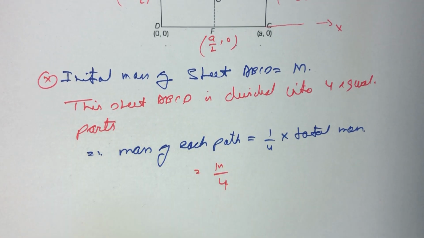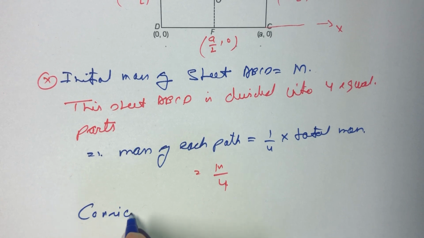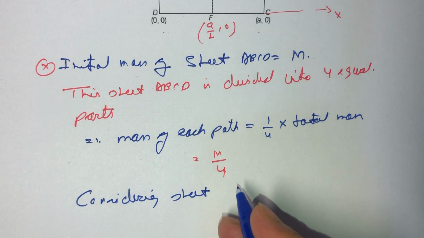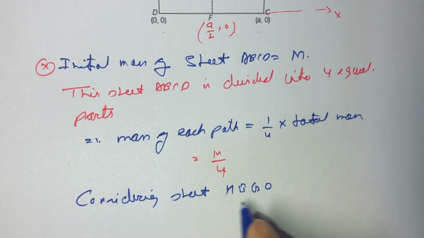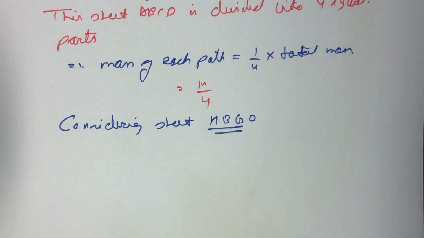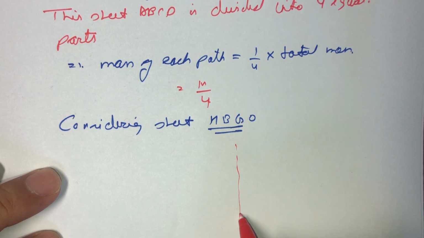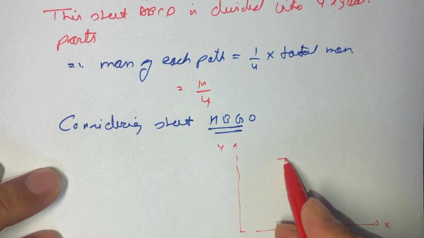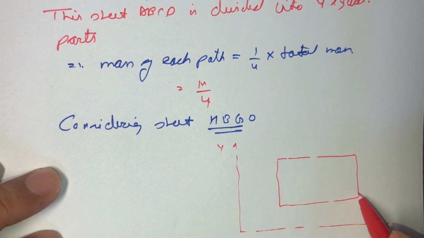So considering sheet HBGO, this is your X and this is your Y, and let us draw an enlarged version of HBGO.